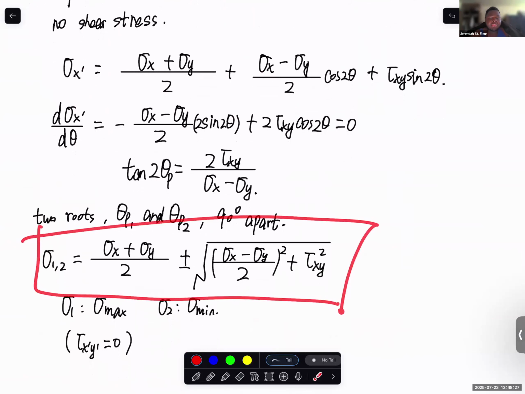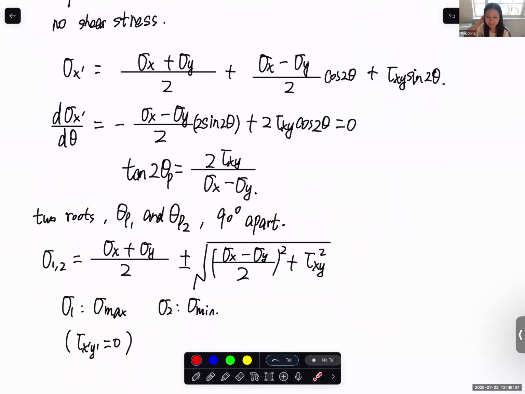So this is a shorthand version of plugging theta p into the equation? Yes. I was just wondering whether I would get the same answer if I plug that back in. You can try after class, plug in and see if you get this one.